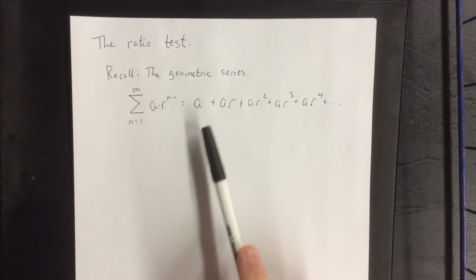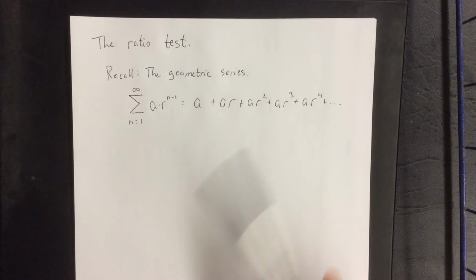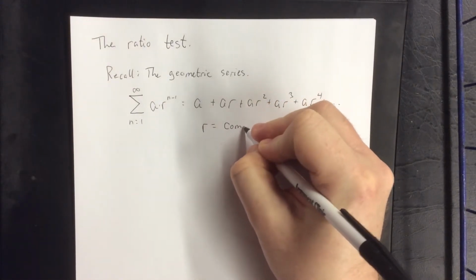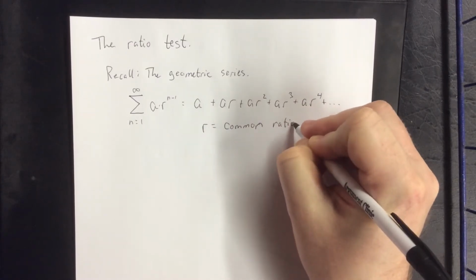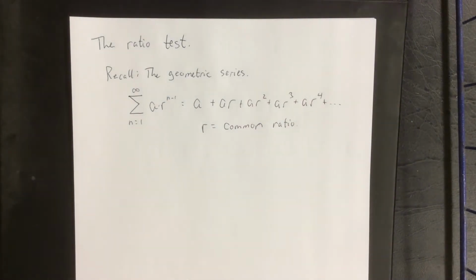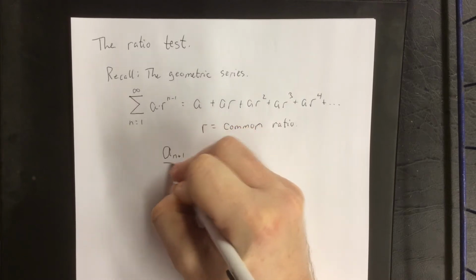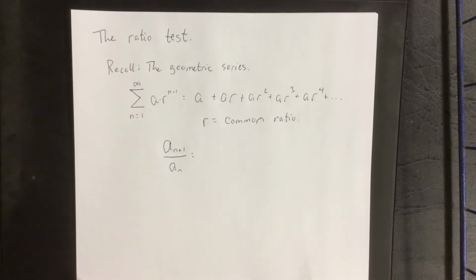So we have a first term, and then going to consecutive terms after that, we'll be multiplying by this value r. We refer to r as a common ratio. Now with that in mind, the way that we deduce what the common ratio is, we take the ratio of any two consecutive terms.